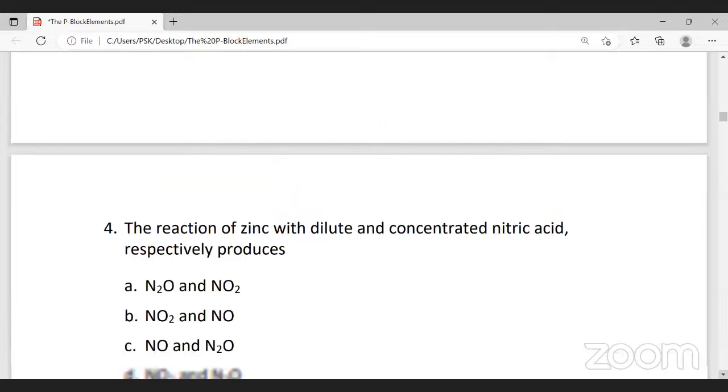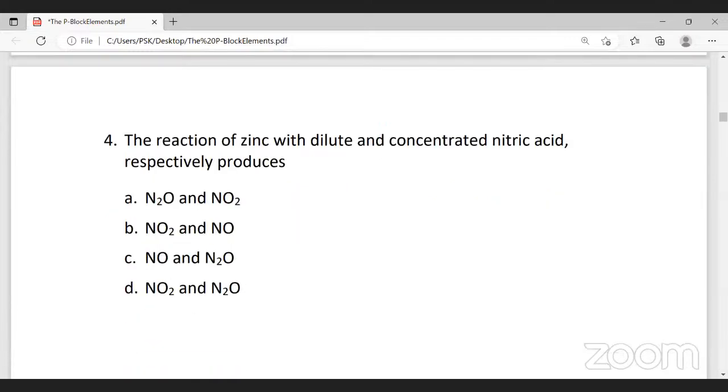The next question, the reaction of zinc with dilute and concentrated nitric acid respectively produces. Now, the first case is dilute nitric acid. You should remember, dilute nitric acid will give nitrous oxide, and concentrated nitric acid on decomposition will give nitrogen dioxide, NO2.